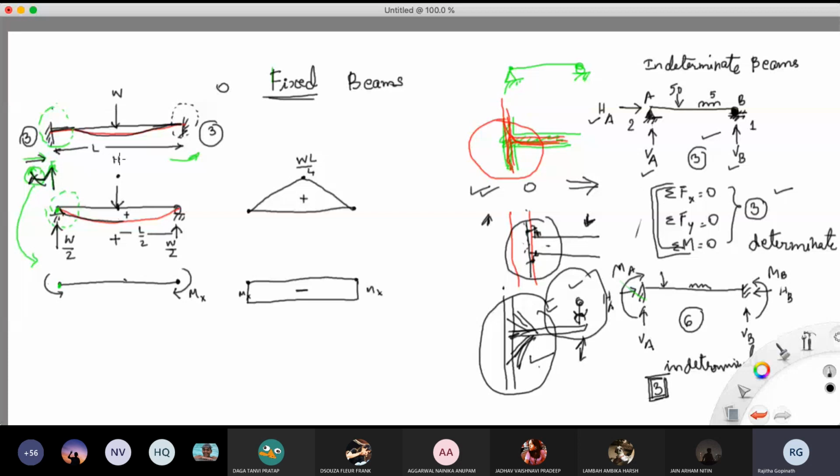So this beam is equal to this beam plus this beam. So the bending moment for this beam has to be equal to these two bending moments put together, right? So if I were to overlay the bending moment diagrams of both of them together, then I will finally get the bending moment diagram for this beam, right?